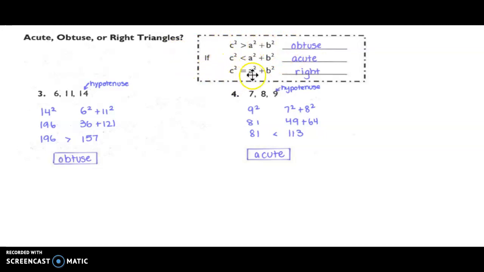If you do a squared plus b squared, and it's greater than c squared, that means the triangle is actually an acute triangle. And if a squared plus b squared, if that sum is less than c squared, the longest side, then it is an obtuse triangle. And so this little box here would be very, very good to know.